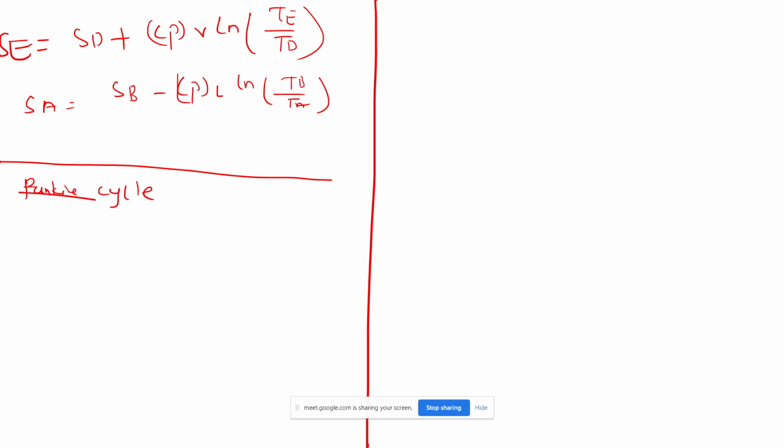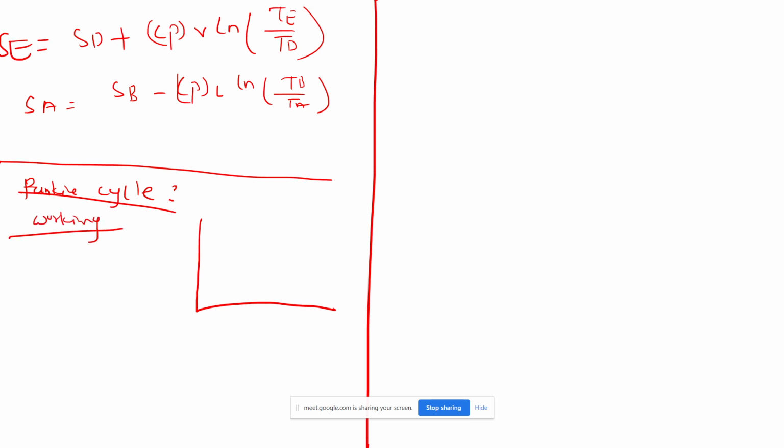Now, can anyone tell me what is the difference between the Rankine cycle and Brayton cycle? I have already told you in the starting of the class. Majorly, working fluid.